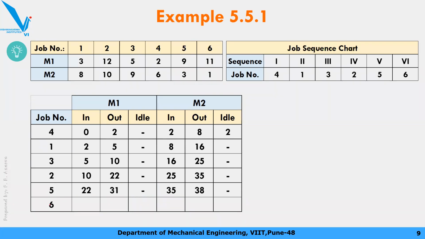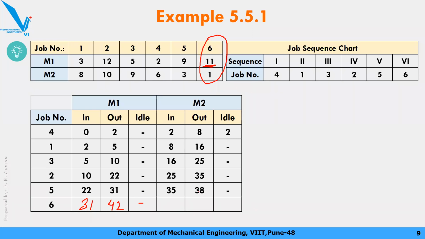Okay, and last job, now the sixth job is in process. So at the 31st hour, job number 6 will enter on machine number 1. It is going to take 11 hours to process it. So 31 plus 11, 42. Idle time nil right now. Then in time on machine 2.